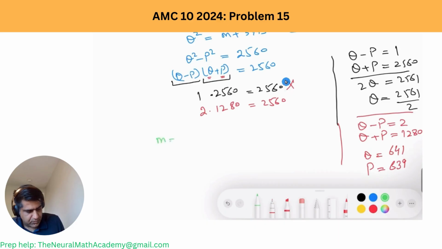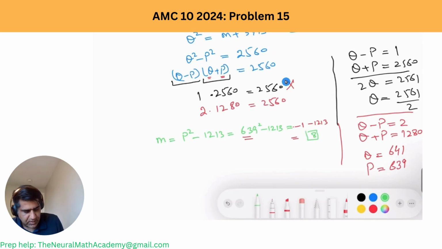So now if I plug in p square, that is given 639 square minus 1213. So now I don't need to solve this full square. All I know is that the unit digit for 9 squared is going to be 1, right? And there will be something before this. And minus 1213 I have. So then the unit digit that I will get will be 8, right?